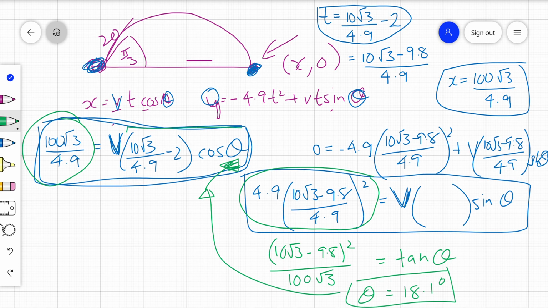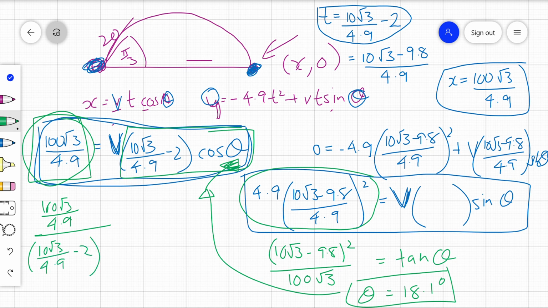So we'll take that whole term once we've subbed it in, and we're going to say 100 root 3 on 4.9, and we're going to divide by 10 root 3 on 4.9 minus 2 times cos 18.1 to get our velocity.